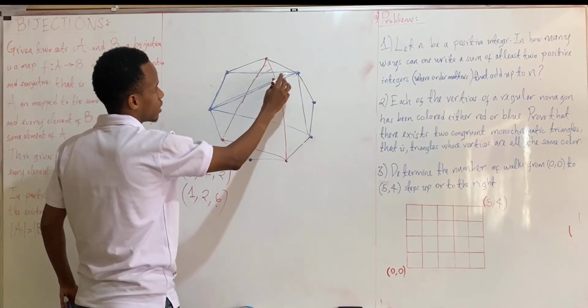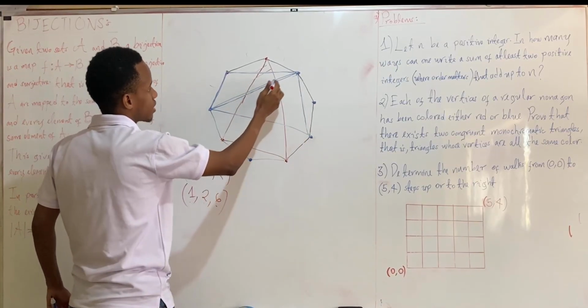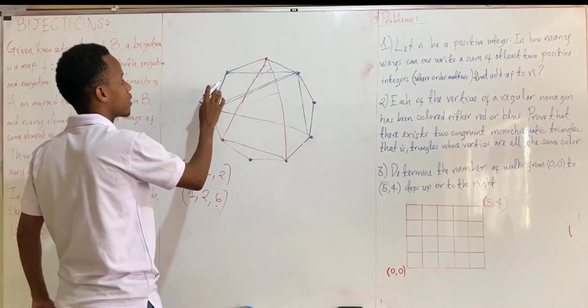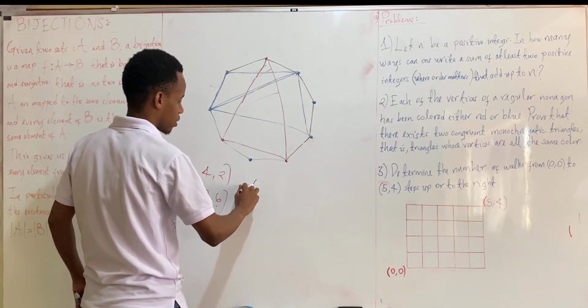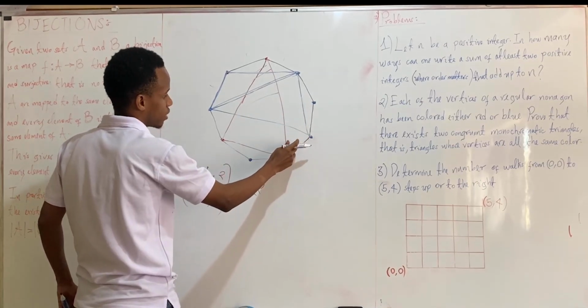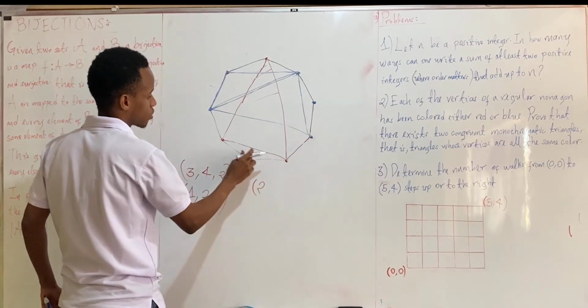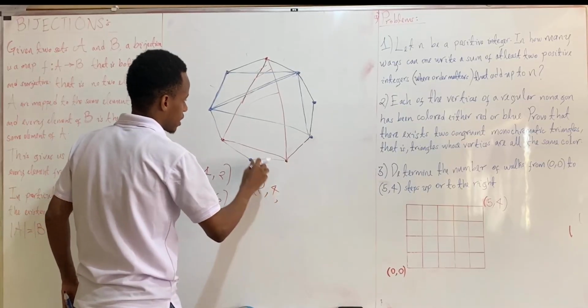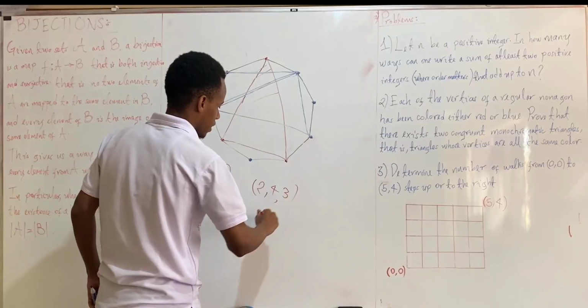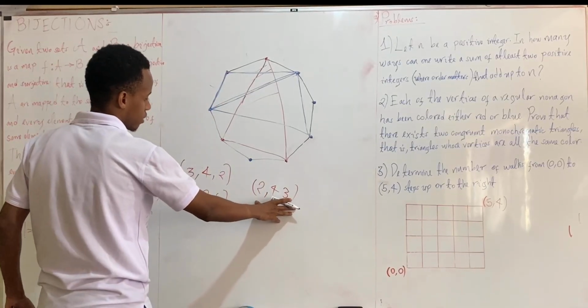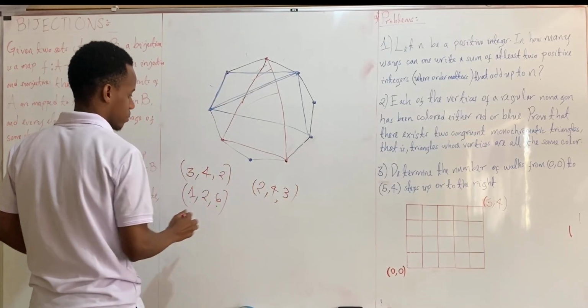And this triangle here, similarly, you can define it. For example, this one has length 2, and then this segment can be defined by 4, and the last segment can be described by 3. So it can be described by this triplet, 2, 4, 3.